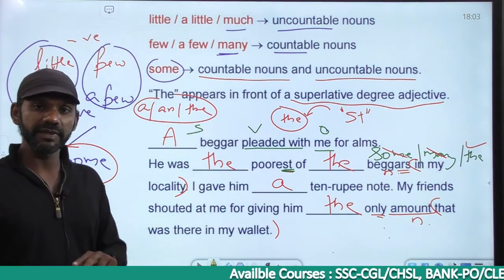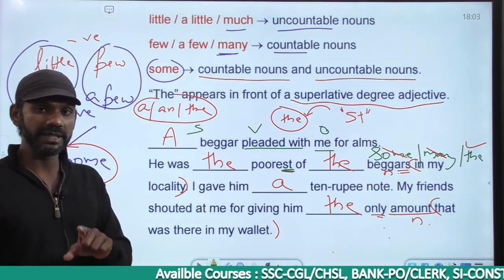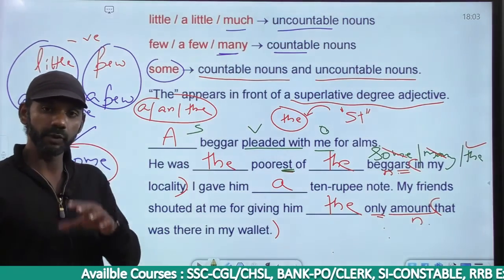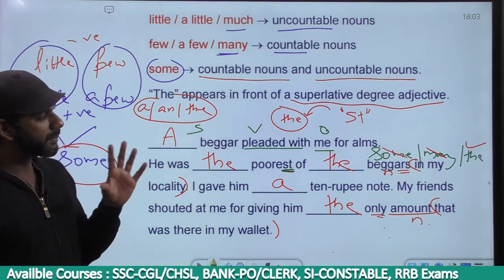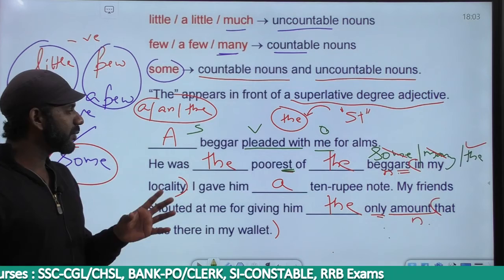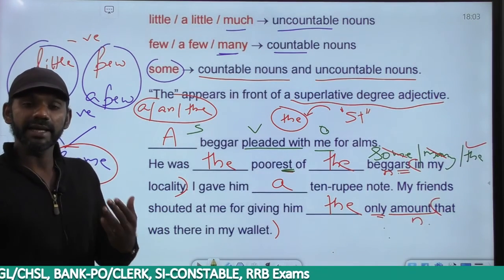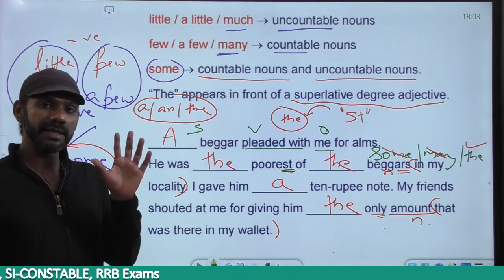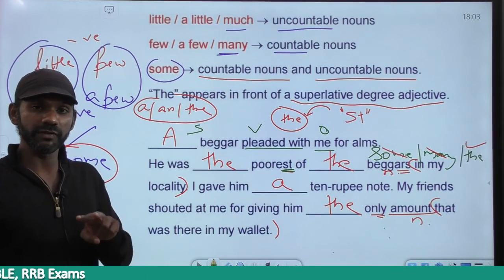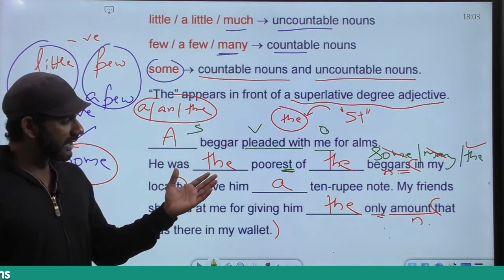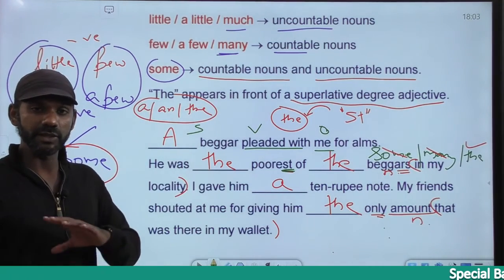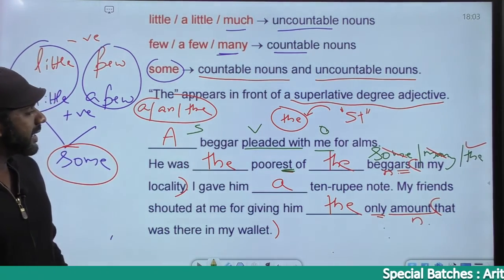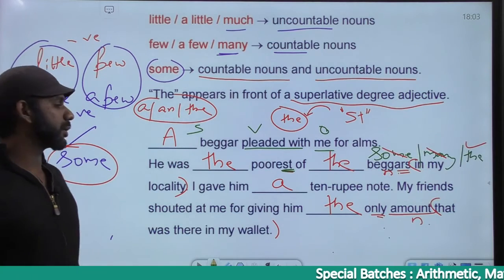Poorer is a comparative degree adjective. Poorest is a superlative degree adjective. Poor, poorer, poorest. The same meaning is expressed in two different forms. One is a superlative degree form, the other is a comparative degree form. That's the only difference.